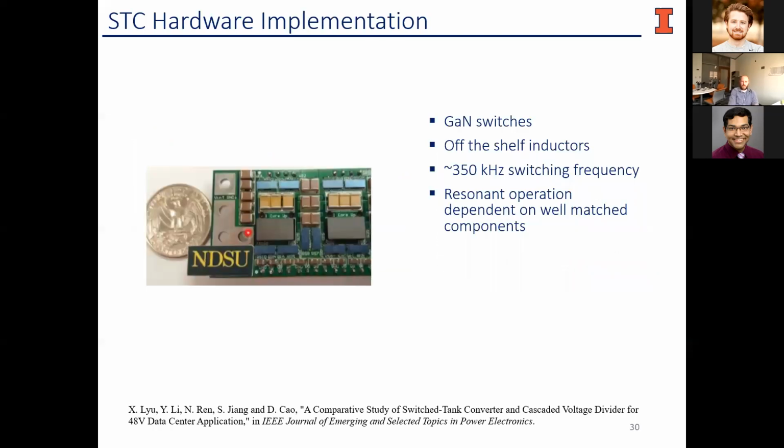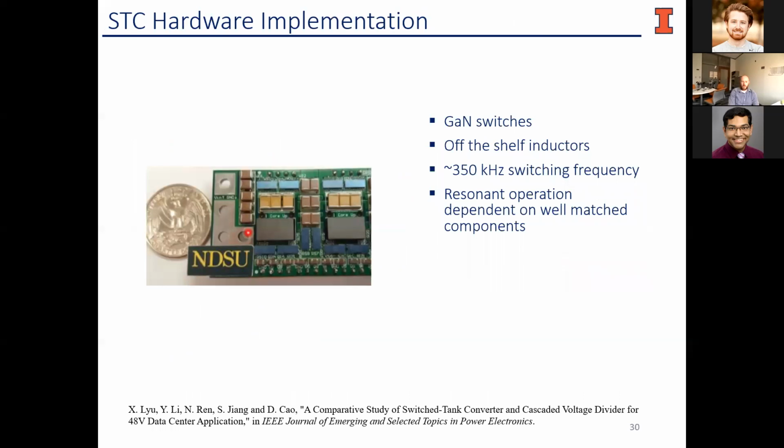If we look at this particular hardware implementation, it does use GaN switches. It does use off-the-shelf inductors as well, so there's no custom magnetics there. It has about a 350 kilohertz switching frequency, so kind of in the middle of this. And again, they're using GaN switches, so it behooves them to switch faster. One thing to note, though, is that their resonant operation is actually very dependent on these well-matched components, right?